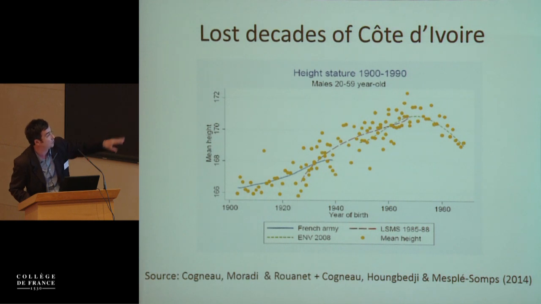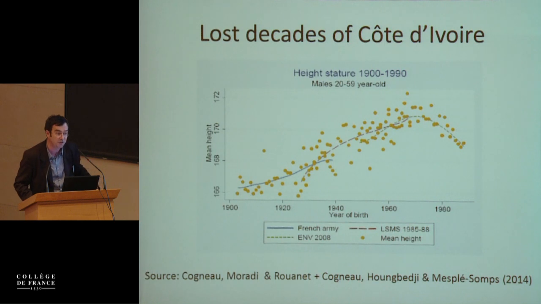You see that we can go back as early as the beginning of the 20th century by using military conscript data, and it tells a story, for the first three quarters of the 20th century, of a very large increase in height stature in the country of Côte d'Ivoire.